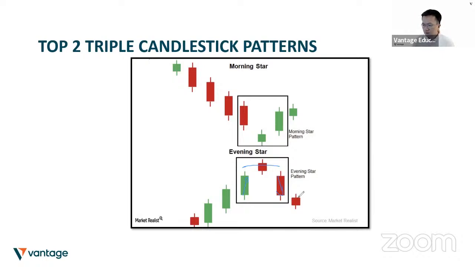So for me, I would look at the triple candlestick patterns mostly on the H1 time frame or on the H4 time frame. But if it's on the H4 time frame, I wouldn't be sitting there waiting for this setup to happen, because that would take 12 hours. What I would say is that I'll still be looking at possible trade setups.